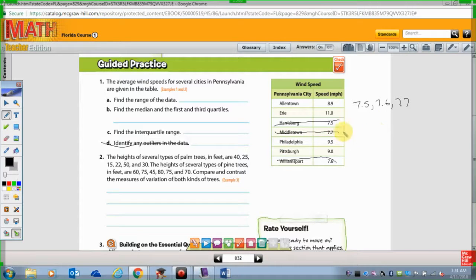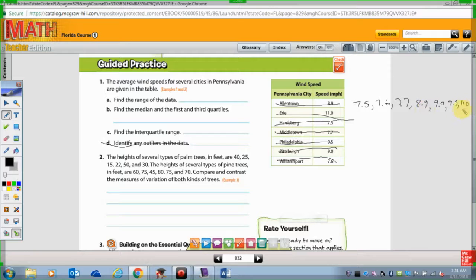Knock it out. The next one I see is 8.9. Then 9.0. 9.5. And 11.0. There are 1, 2, 3, 4, 5, 6, 7 there. And there's 1, 2, 3, 4, 5, 6, 7 there.